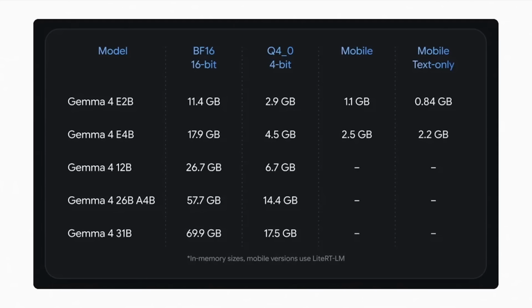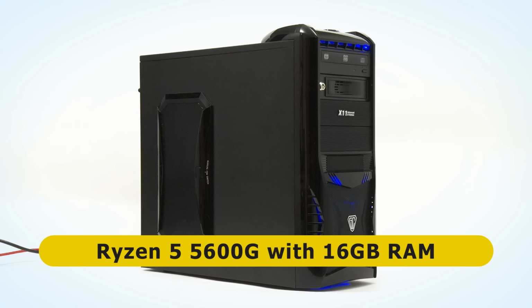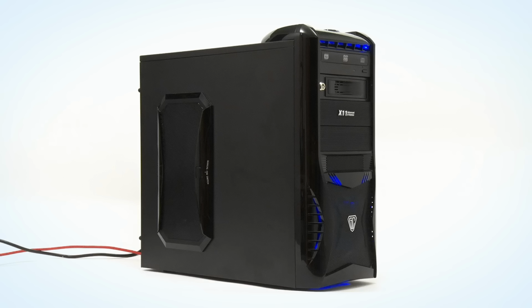In this video, we're going to run Gemma 4 on this Ryzen 5 5600G PC with 16 GB of RAM. I've chosen this test system because, like most laptops, it has integrated graphics rather than a dedicated GPU, and so using it will give us a good idea of Gemma 4 performance on typical mid-range hardware.